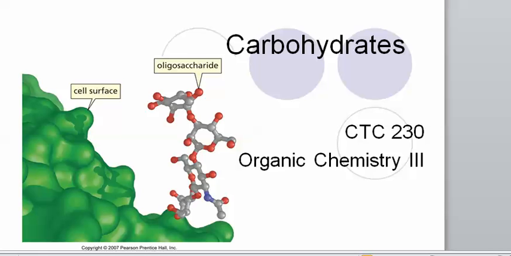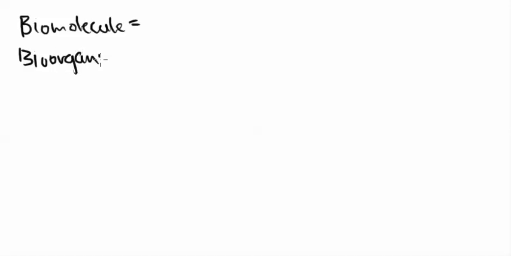So we're going to first start off with this term of a biological molecule, right? I mean, that's what we're kind of terming this class. So we're looking at a biomolecule. And every molecule that we are going to be talking about this semester is a biomolecule, or aka bioorganic molecule or compound.